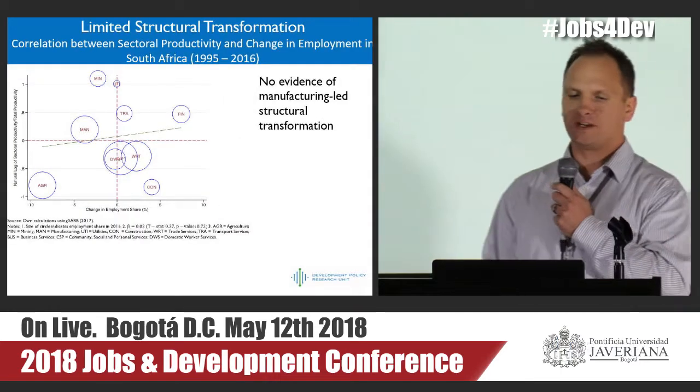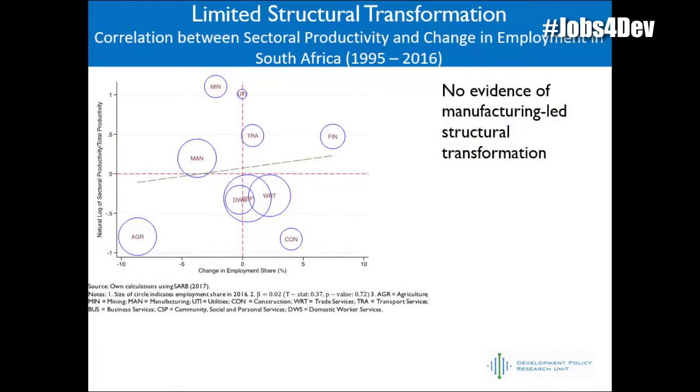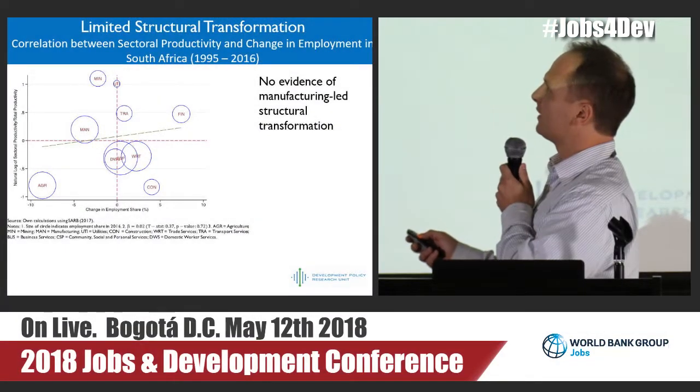This graph here is really the Macmillan, Rodrik, and Verduzco-Gallo structural transformation graph. And what you have here is the change in employment share for each of these industries, or sectors. It's the SIC 1-digit level.